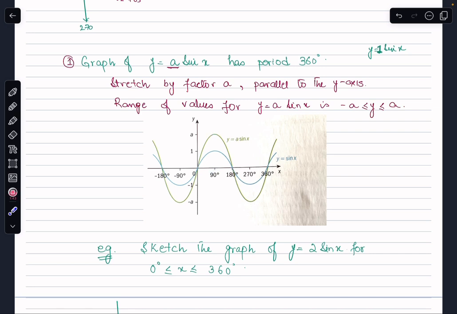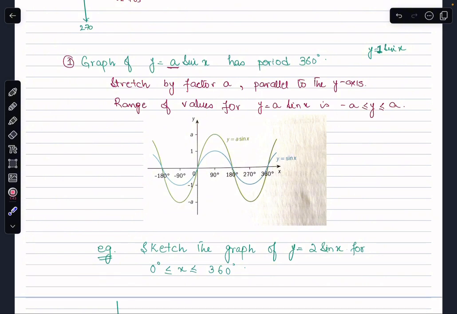So if I substitute x with 90, then sine of 90 will be 1, and 1 multiplied by a shall be a, giving me a.